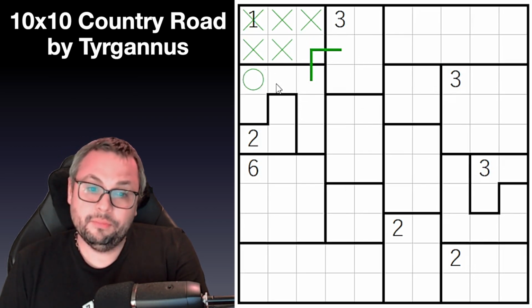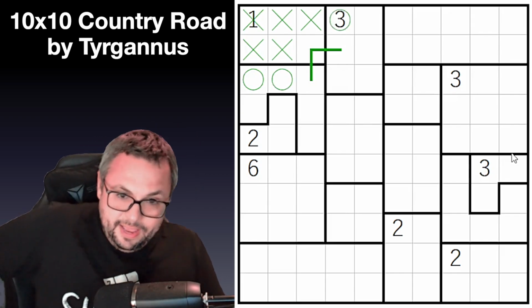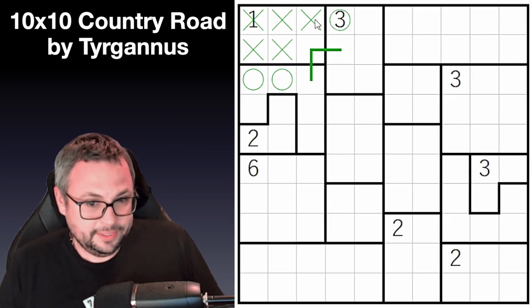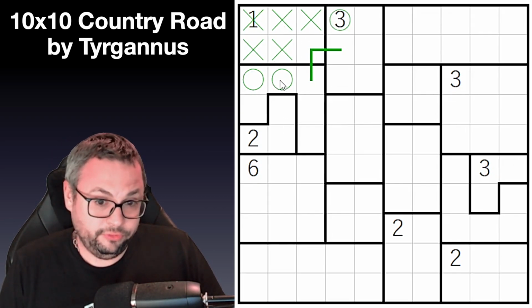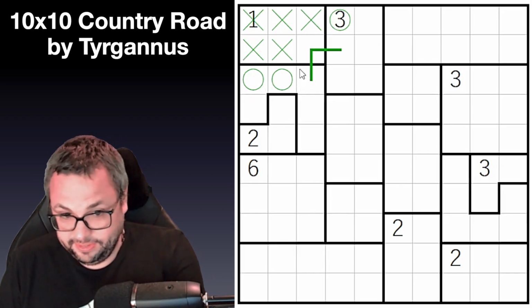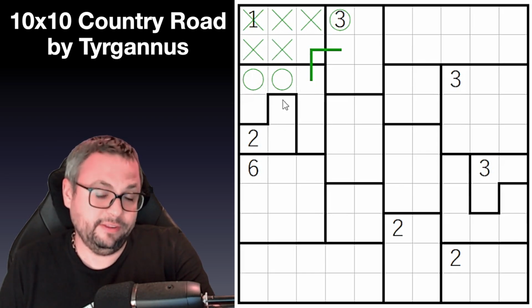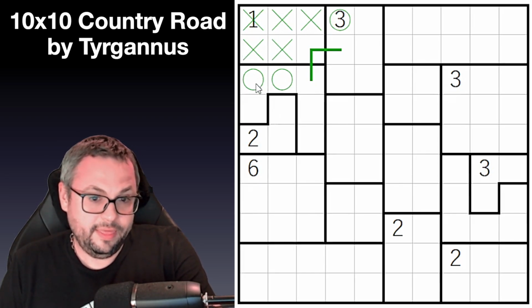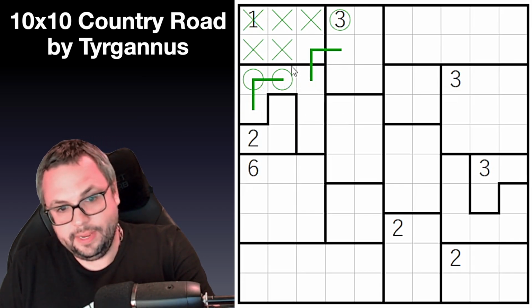Now, remember the rule about the border. And so I recommend as soon as you finish Xing the unvisited cells in a country, you also O the visited cells, or O the cells that have to now be visited. Okay, and so this cell now has to be visited over here.